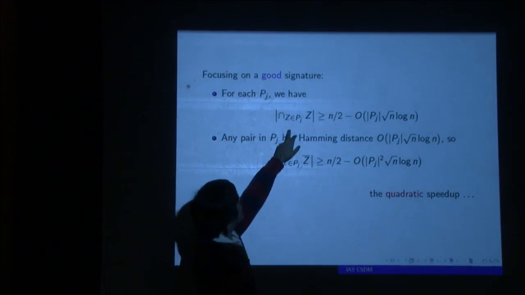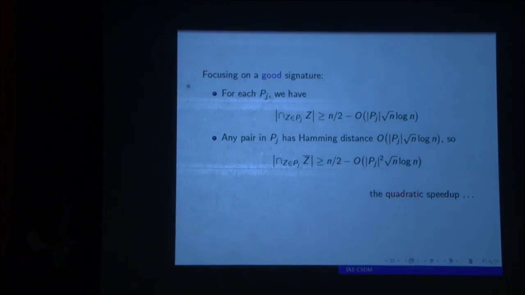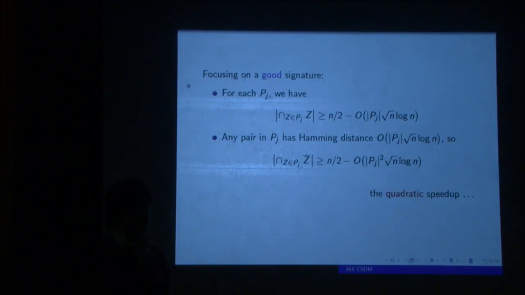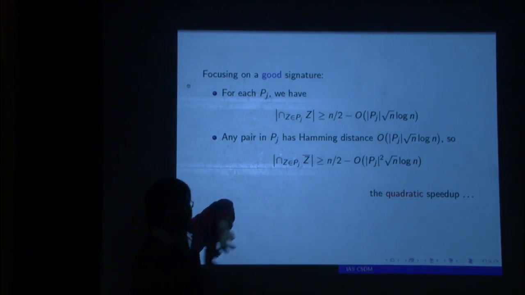Just by definition, we know that at the end, when we look at this number of common ones entries of PJ, because each time a new string is added, it goes down by root n log n, it should at the end be at least half n minus the size of PJ times root n log n. But remember, this is not the quantity that we want to lower bound.